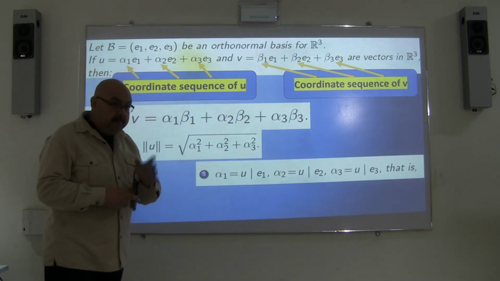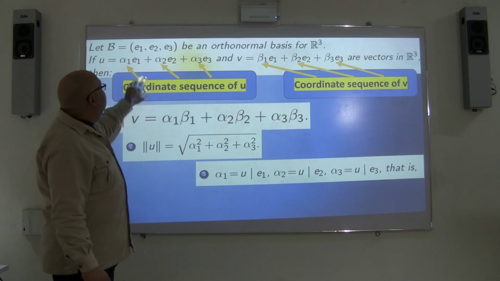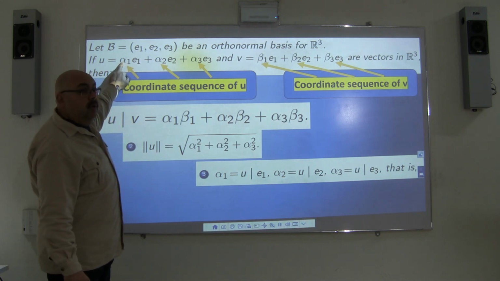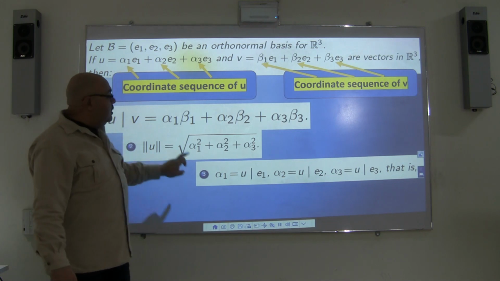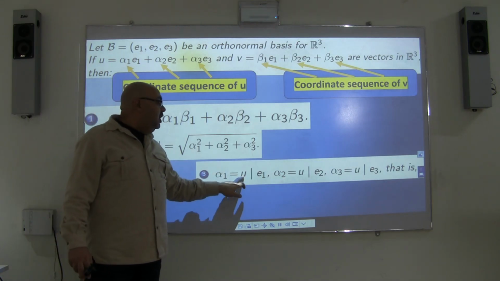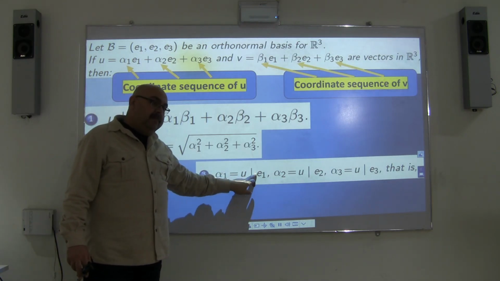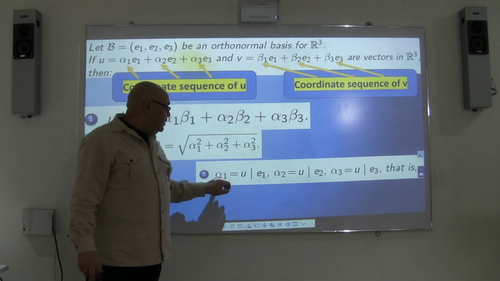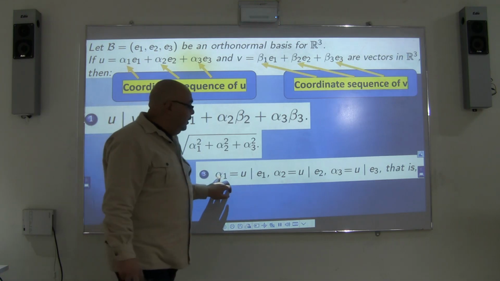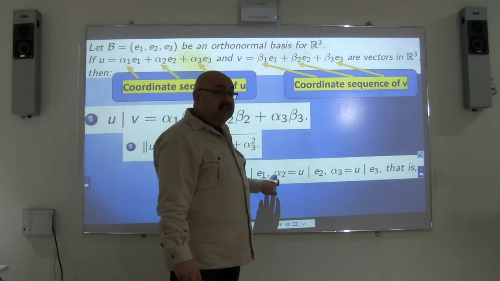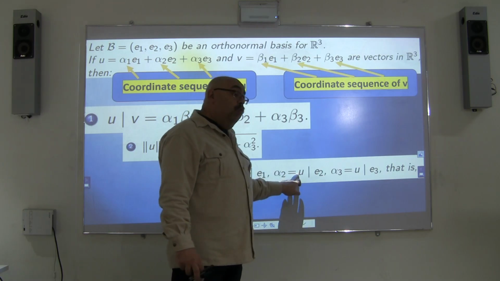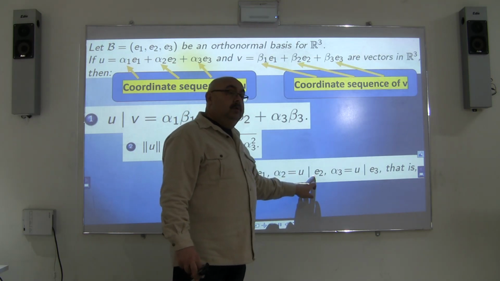Remark also that the coordinate of the first component is simply evaluated by multiplying u by E1. This is alpha 1. And alpha 2 is exactly like multiplying u by E2. Why?